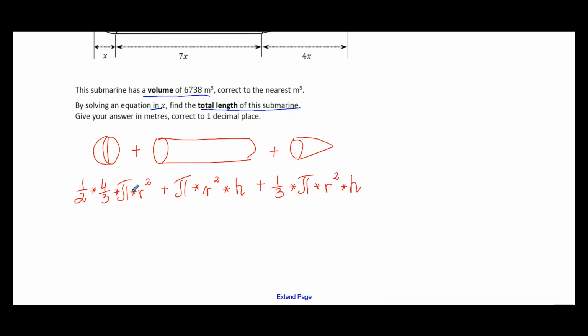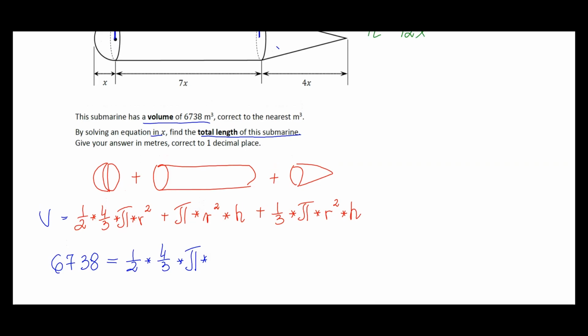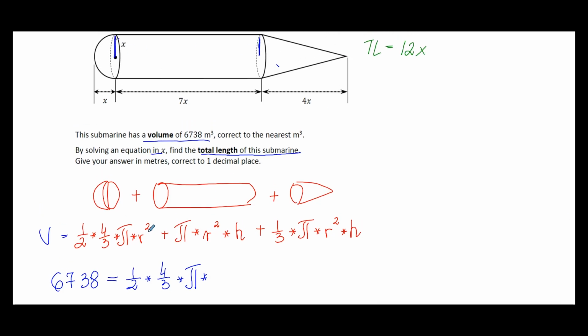So let's fill in those values from what we have. We know all of that is the volume, isn't it? That's how they got the volume. So we are saying 6,738 they got by multiplying a half, 1 over 2, multiplied by 4 over 3, multiplied by pi, and then multiplied by radius. And we are told that the radius in all of them is x.